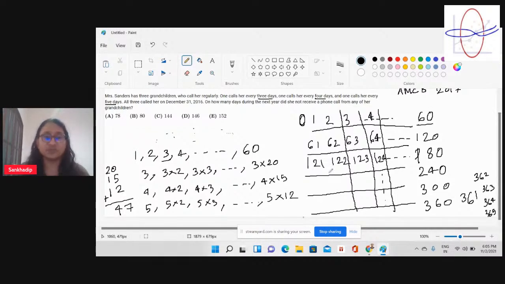But there is a problem here. We have overcounted because among the multiples of 3, there are multiples of 4 and 5 as well. Among the multiples of 4, there are multiples of 3 and 5 as well. So we'll have to account for that overcounting.